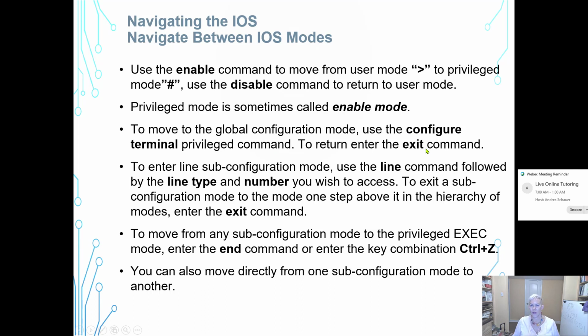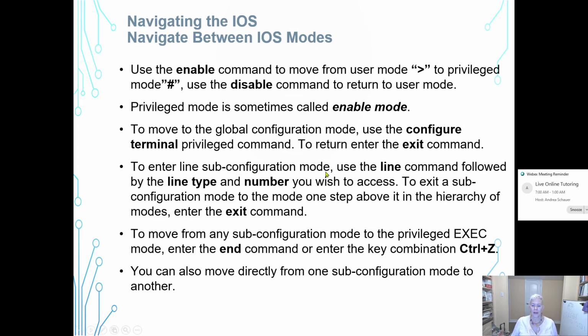A really helpful command is the word exit. As you're moving through the command line and doing different commands, if you want to back up by one mode, you can type the word exit. If you want to back up again, you can type the word exit again.